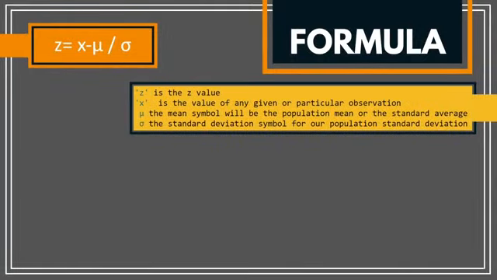So let's start with getting to know our formula, which is z is equal to x minus the mean over the standard deviation, wherein z is the z-value and x is the value of any given or particular observation. The mean symbol will be the population mean or the standard average, and of course the standard deviation symbol is for our population standard deviation.